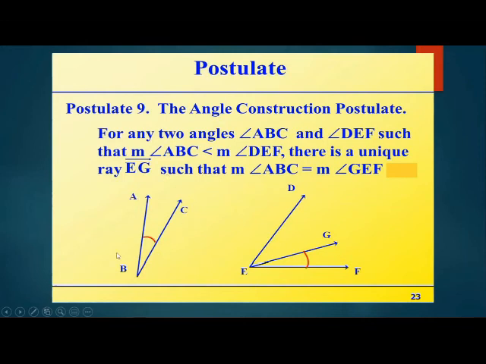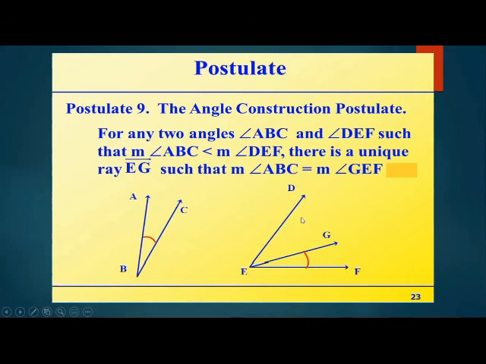It means that if there is an angle over here, like ABC, and there is another angle which is DEF, you can clearly see that DEF is greater than angle ABC. So if this is greater than this one, we have constructed a ray in between, which is called EG, in such a manner that ABC is equal to GEF.